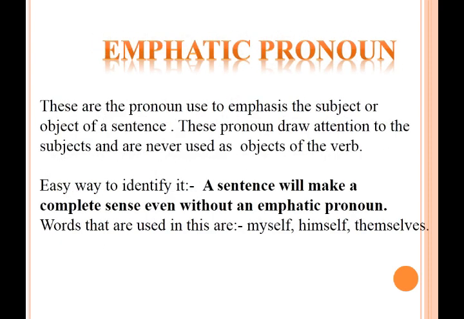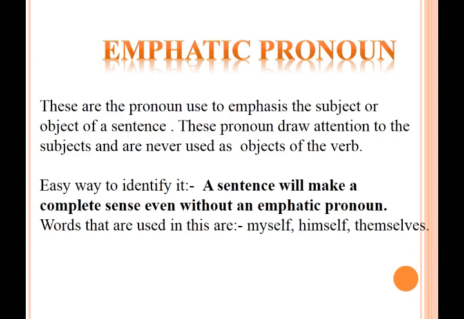Next kind of pronoun is emphatic pronoun. Emphatic pronoun is used to emphasize the subject or object of a sentence. These pronouns draw attention to the subject and are never used as the objects of the verbs.